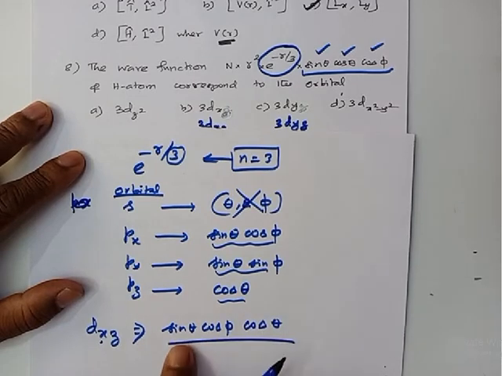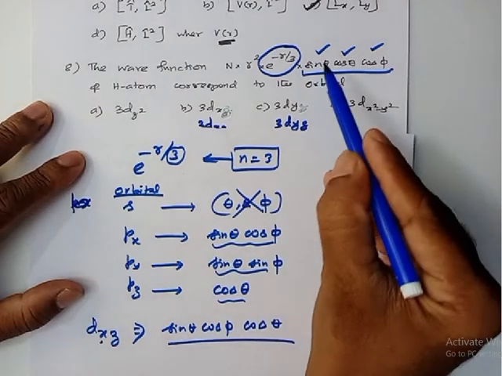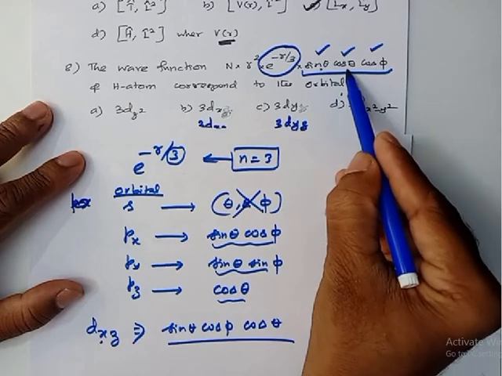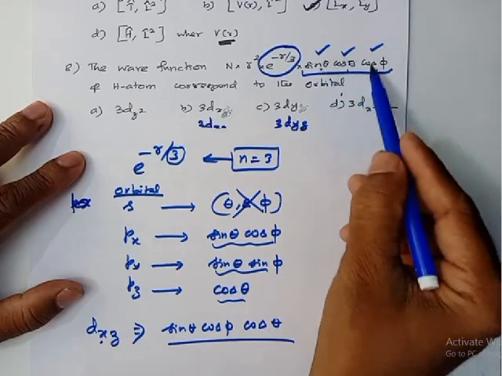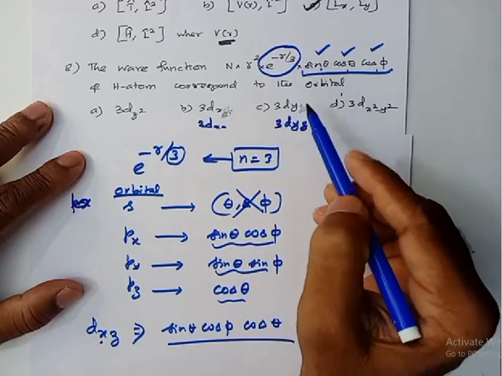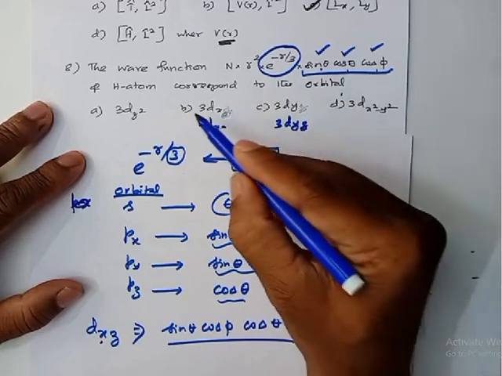So if you have sin theta into cos phi into cos theta, that corresponds to the dxz orbital. Here we clearly have sin theta cos phi, so this function definitely corresponds to the 3dxz orbital. So the correct option is B.